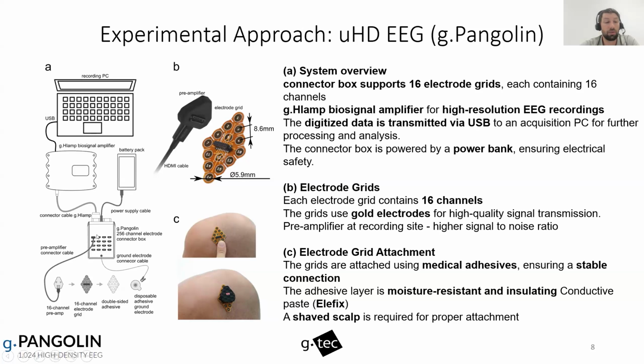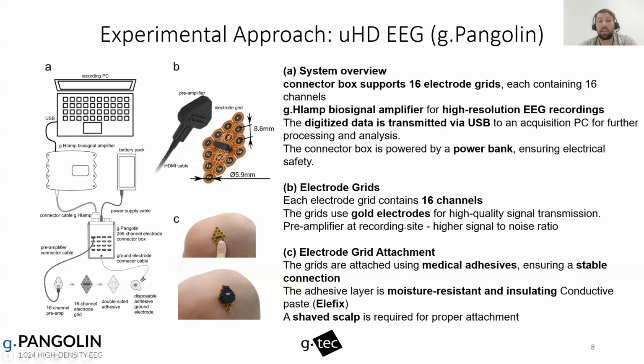The cables that we use are very slim connector cables for the preamplifier. They need to be very light and very slim, so they can be used nicely without a lot of cable movements, and also without too much weight on the head of the subject, because obviously if you have so many channels, even the weight of the cables is impacting.